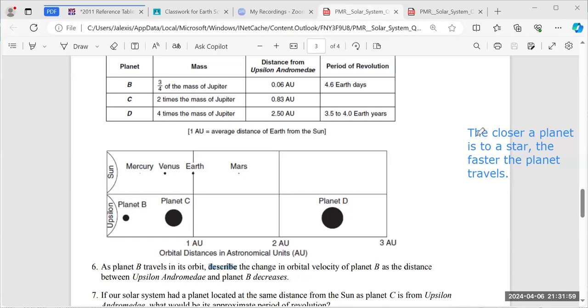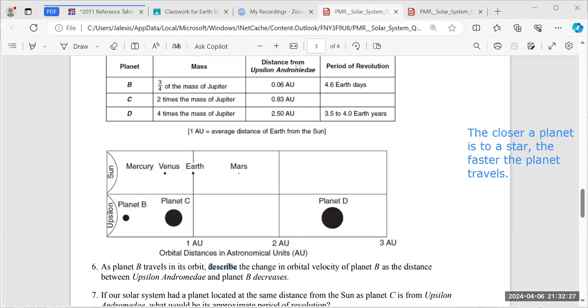There's a stronger pull occurring at planet B. So because of that, we know that the orbital velocity, the speed of the planet, is going to increase. The closer a planet is to a star, the faster the planet will travel.